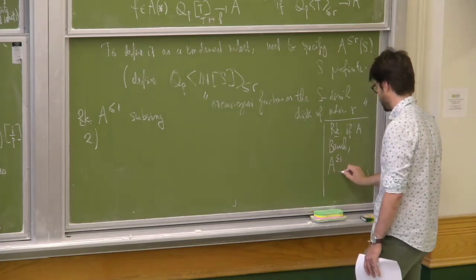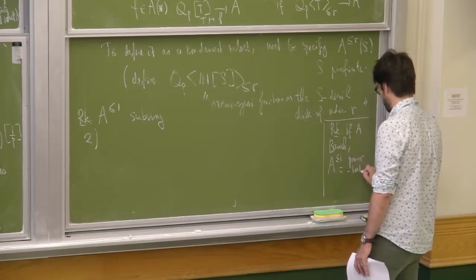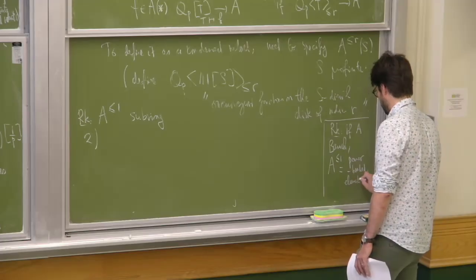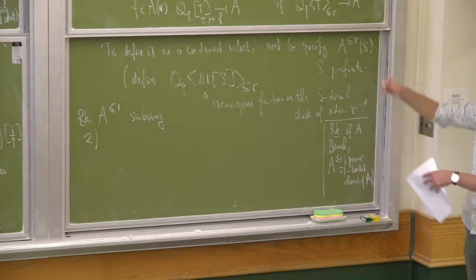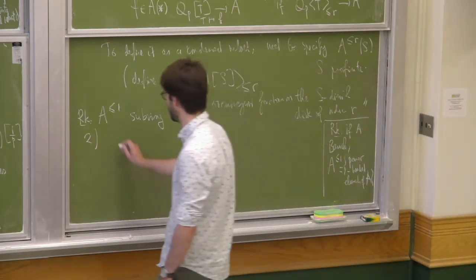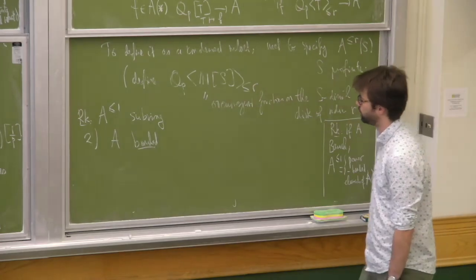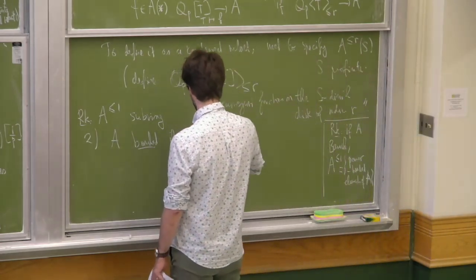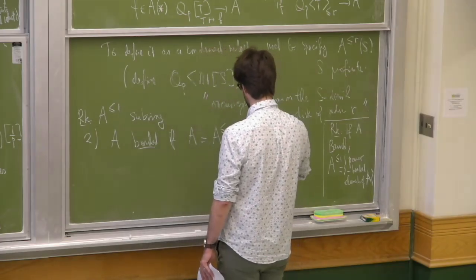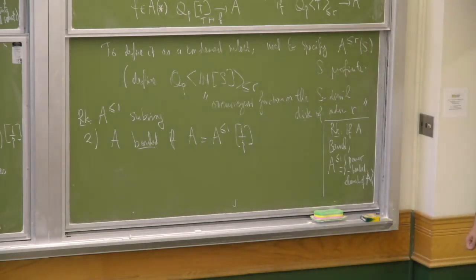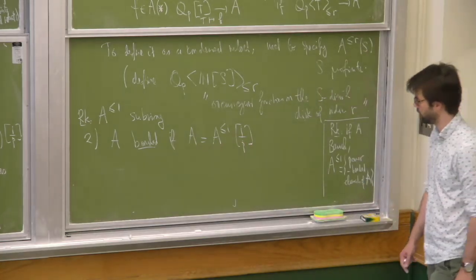A less than 1 is a subring of power bounded elements, for arbitrary R. Now we say that the Q_p-algebra A is bounded if A is in fact just given by taking the subring and then inverting T. So you want a natural map from right to left and we want this to be an isomorphism.